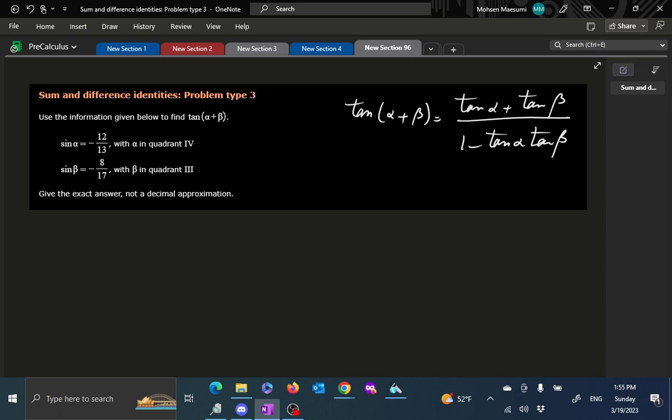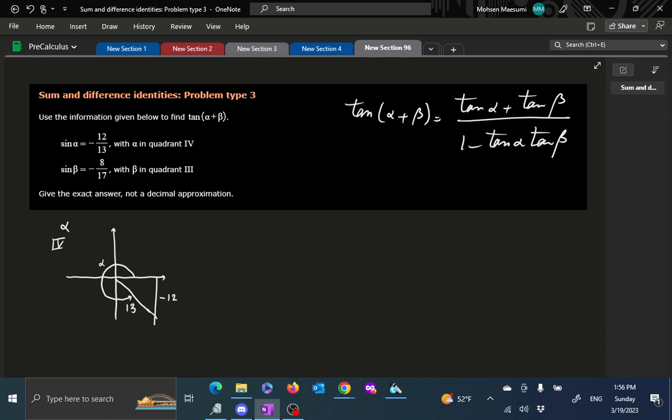I'll draw two pictures. For alpha in quadrant 4, we are somewhere here. This is the angle. If you want to go counterclockwise, characterized by minus 12/13. So minus 12 for the opposite, 13 for hypotenuse.